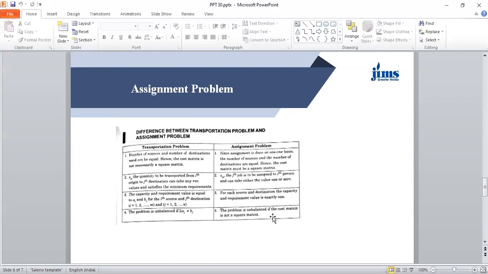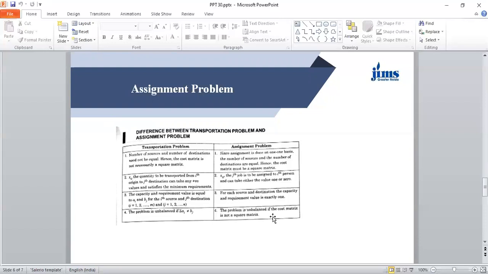The capacity and requirement values are Ai and Bj for the ith source and jth destination in the transportation problem. But in assignment, for each source and destination, the capacity and requirement value is exactly 1. We have seen that. This is why only one job can be assigned to one person and one person can do only one job.